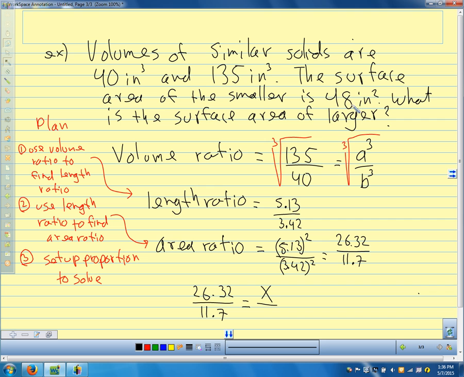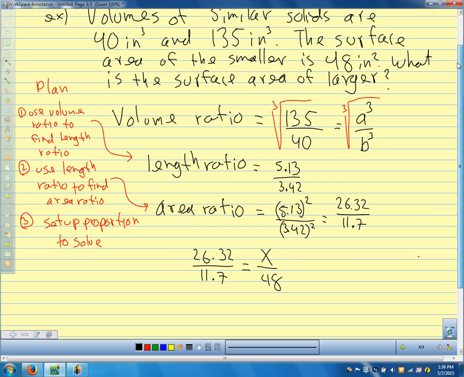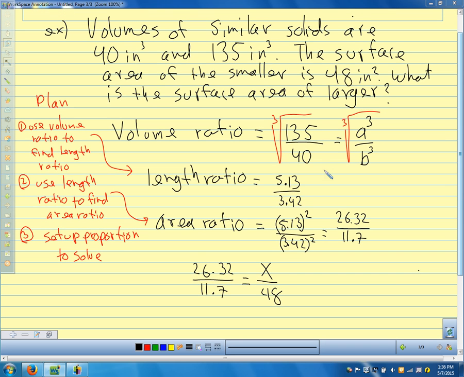Surface area of the smaller is 48. There's another area ratio, x over 48. We don't know this area, but we know this one. These two area ratios have to be the same because we're talking about the same shape. We did some problems like this in the last chapter. Now how do we get x? How do we solve for x?